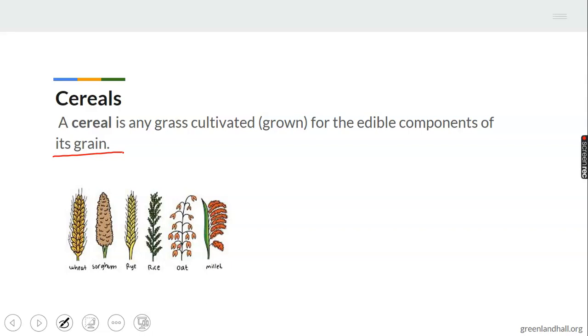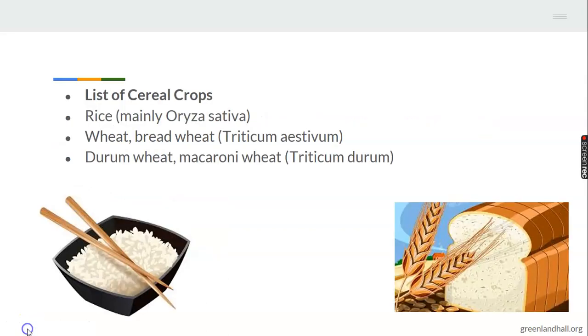All right. I can see in my chart I have wheat, there's sorghum, there's rice, there's oats, there's millet. All these are cereal plants, and we eat them. They are edible components. They come in the form of grains that can be eaten by humans.